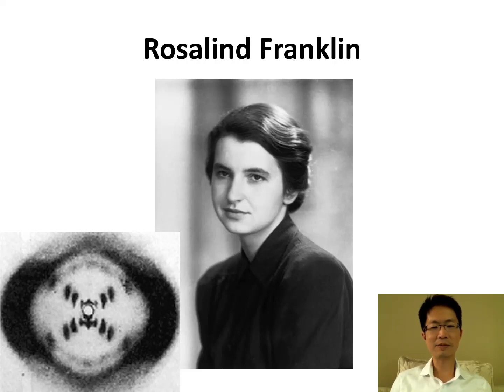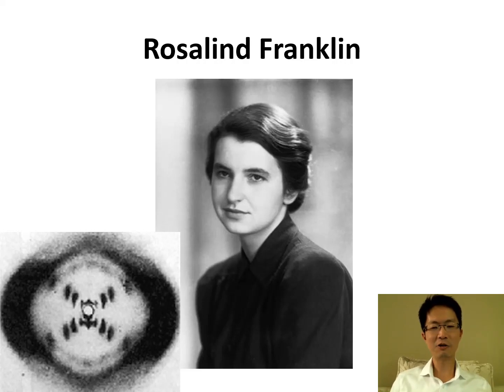At that time, Francis Crick was like a principal investigator in the UK, and James Watson was the graduate student working in his lab, and Maurice Wilkins was the lab tech. And their neighbor was Rosalind Franklin. Rosalind Franklin is a female scientist.